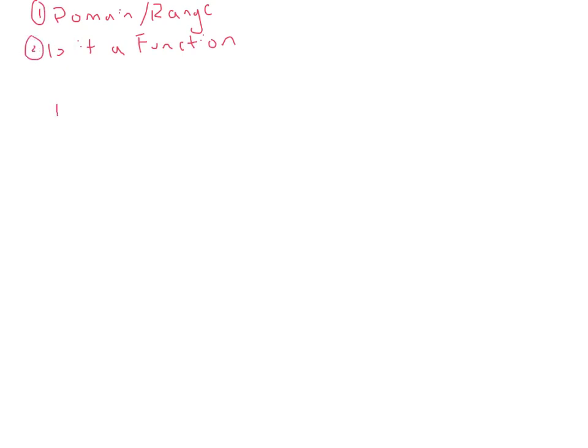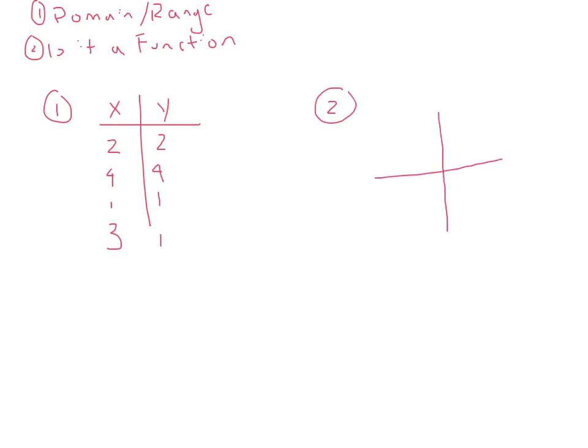All right, here's your first. Let's take this table, x, y. I'm going to put 2, 4, 1, 3. Say 2, 4, 1, 1. Okay, tell me, is that a function? And what's the domain and range? And then second, let's take a graph. And I'm going to draw a triangle on it.